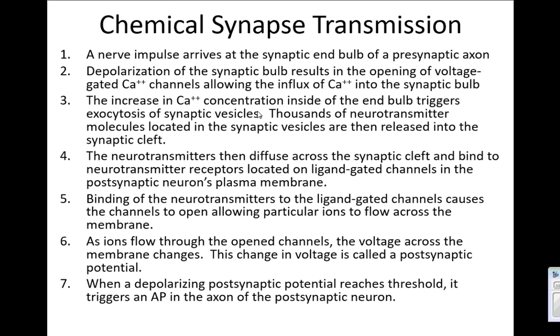Okay. And we'll see a picture to illustrate what that is after this slide, which is going to explain all the steps involved in a chemical synapse transmission. You had to learn 7 steps earlier. Guess what? 7 more steps to learn.